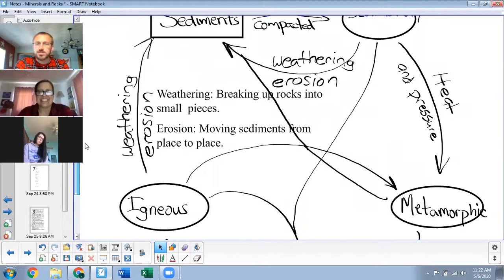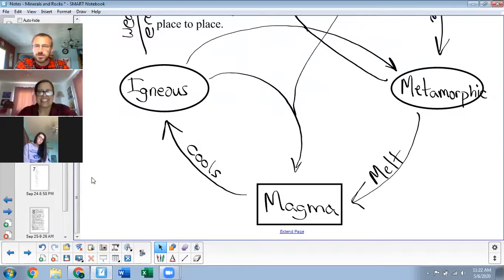Okay. So that's the main thing I wanted to go over today, this whole rock cycle here. We're going to have a quiz at some point on the rock cycle, but I think we'll wait until we do another note session on some more specific details on each one of these three types of rocks.